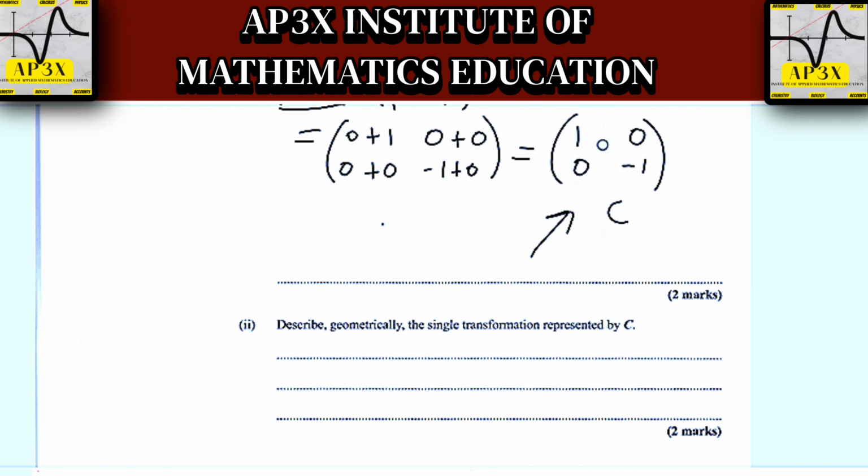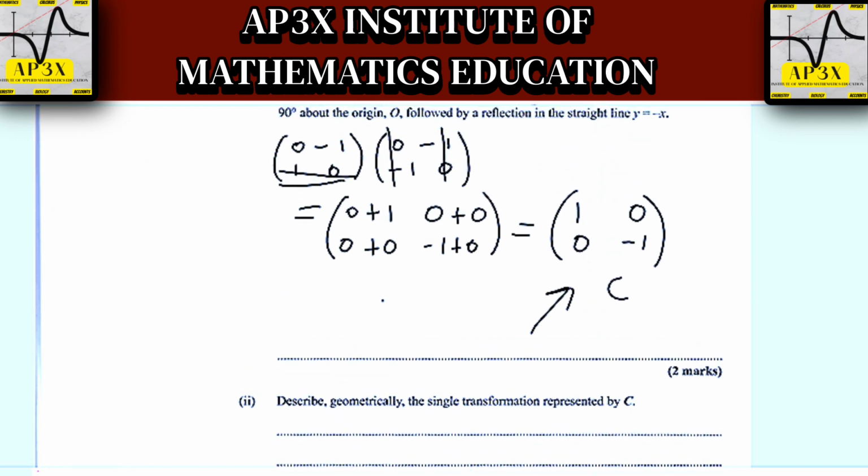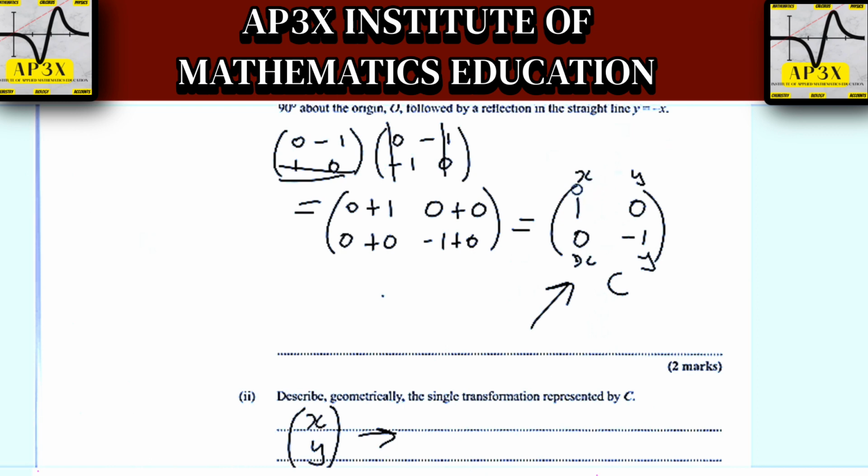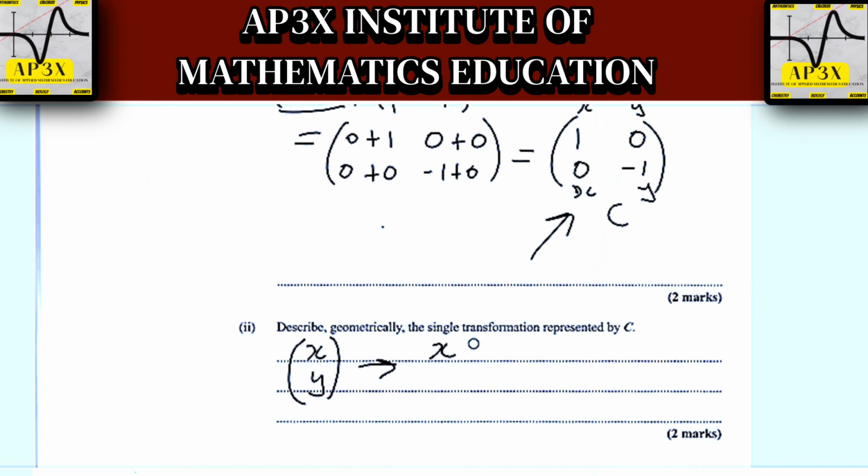So I know right away that for this matrix I could label the columns X and Y, and the rows X and Y. So I know that there's one X here. Whatever this matrix is, XY is going to be transformed to one X at the top and no Y at the top, then 0x at the bottom and -1y.